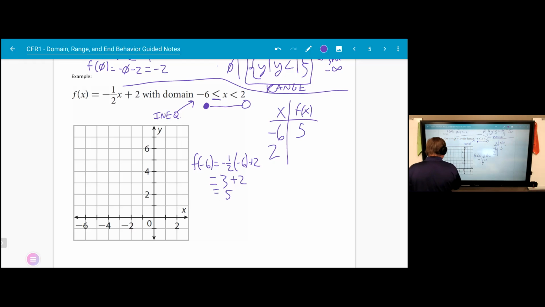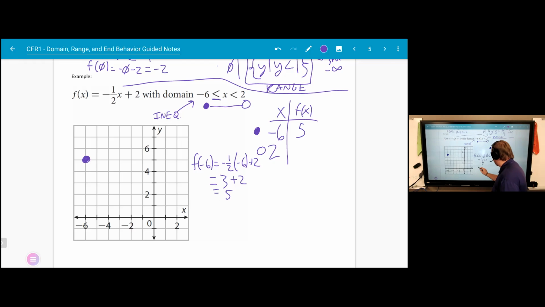Negative 6, 5. And I'm going to put a closed circle. That's because it could be or equal to. Now we know with the value of 2, it's going to be an open circle because it was just less than.